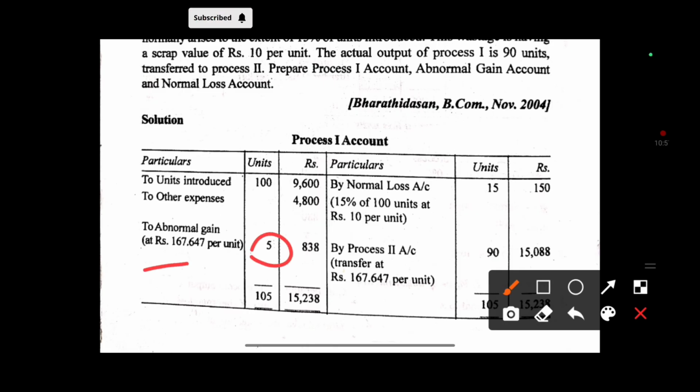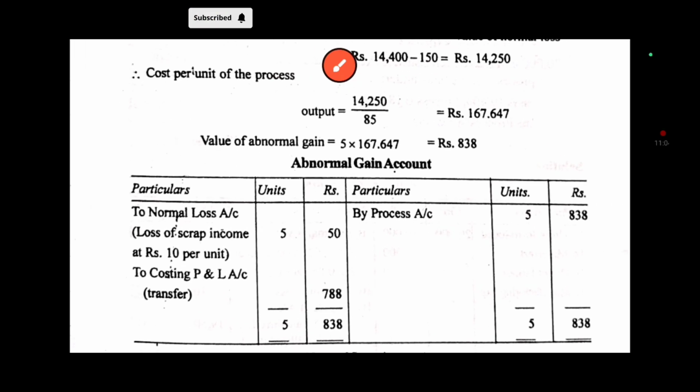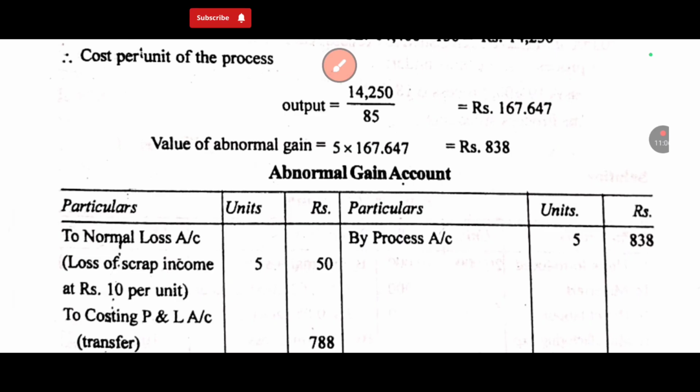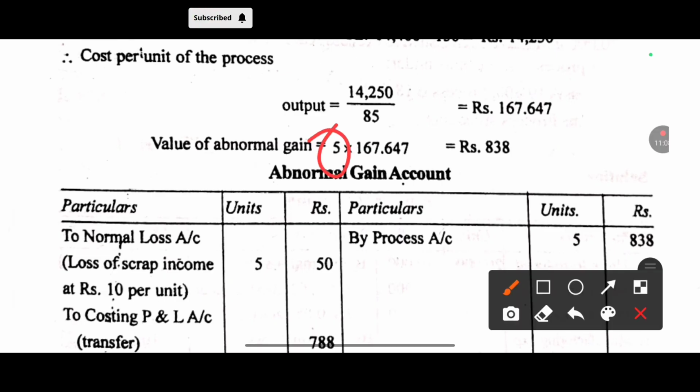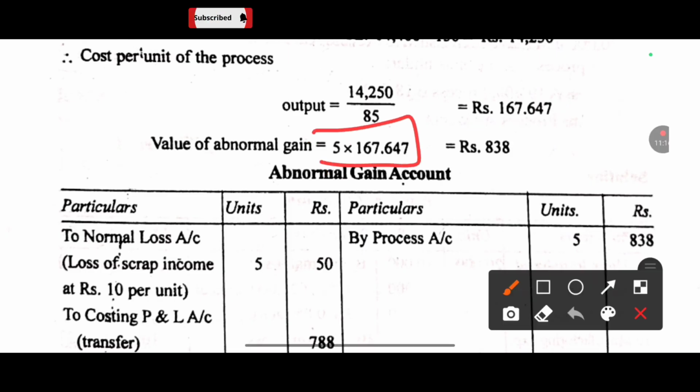How much for 5 units? For that you multiply the cost per unit and abnormal gain units. The abnormal gain is 5 units, the cost per unit is 167 rupees 647 paise. Now we are going to multiply the abnormal gain 5 units with the cost per unit.